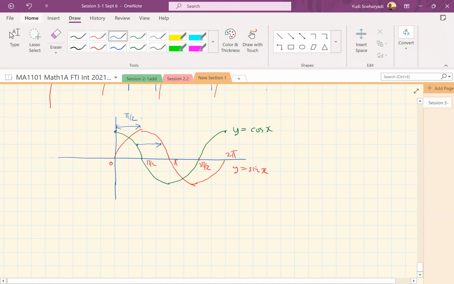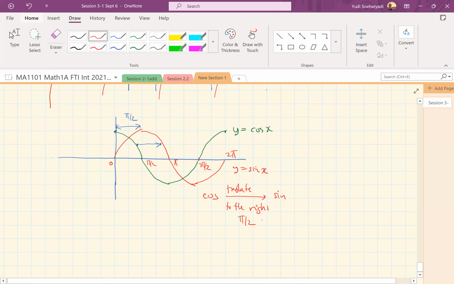That means the sine you get from cosine by translating to the right by pi over 2.